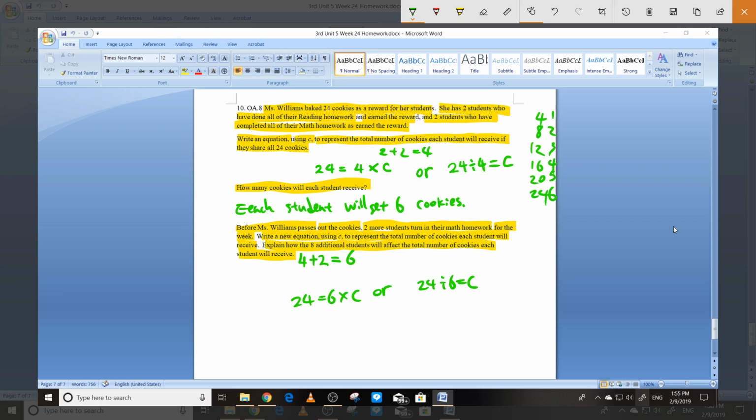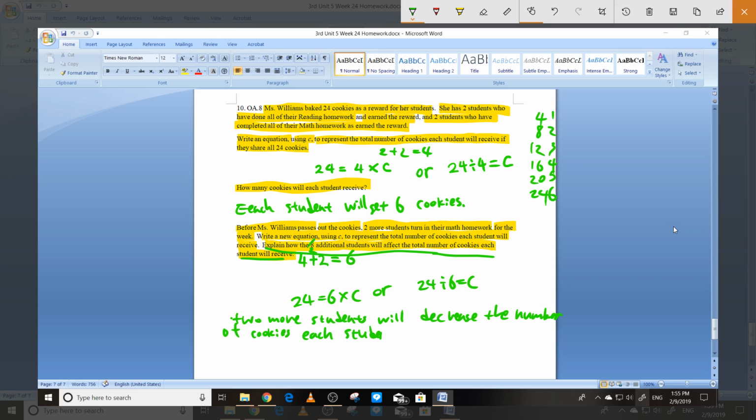So what do you have to do to explain? The question says explain how the 2 additional students will affect the total number of cookies each person will get. You say 2 more students will decrease the number of cookies each student gets.